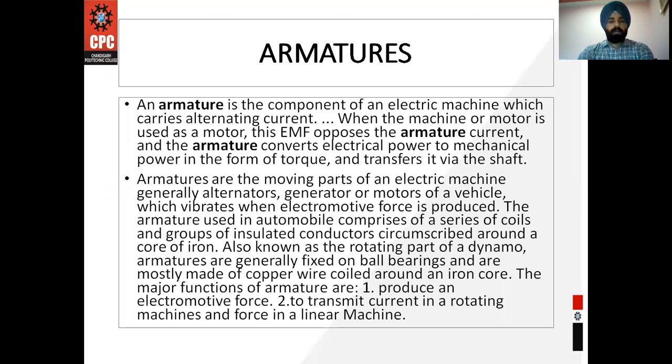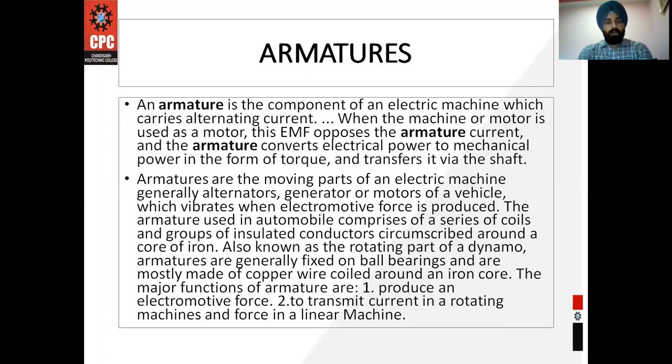Armatures are moving parts of an electric machine, generally alternator, generator, or motor of a vehicle, which vibrates when electromotive force is produced.